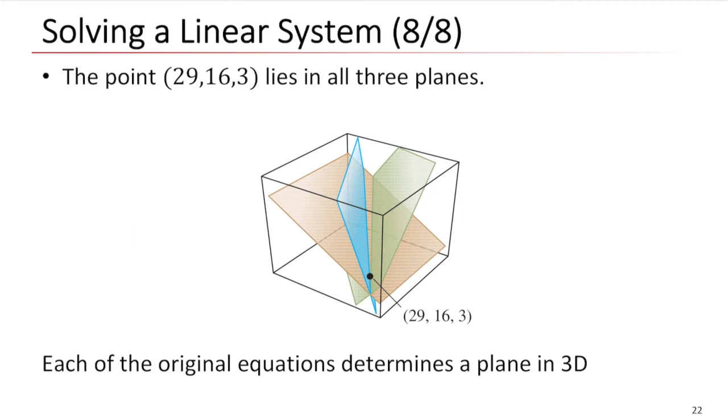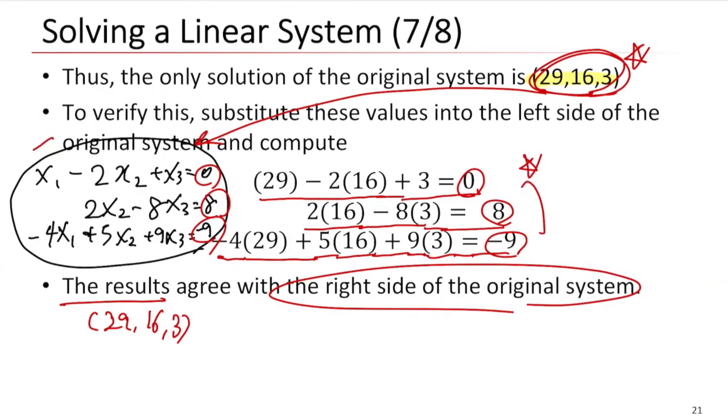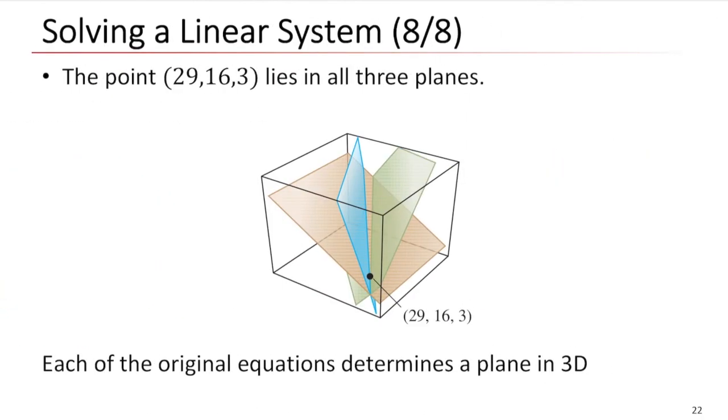Do you remember how we can draw this three-dimensional, three-variable case? So this is the original linear system, with x1, x2, x3.